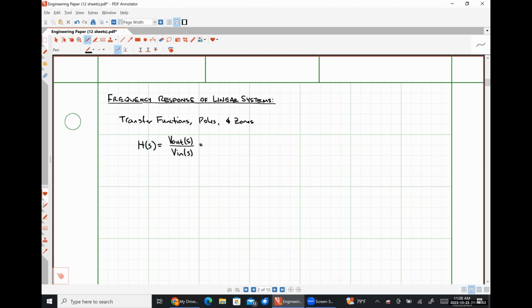In this sense, our transfer function describes the frequency dependency of the voltage gain of our system. When we looked at our simple first and second order filters in circuits 2, this is exactly the representation of the transfer function we were looking at, except that we were looking at it as H as a function of omega, because our output and input voltages were functions of omega. Now we're simply including the fact that maybe s also has some real part to it.